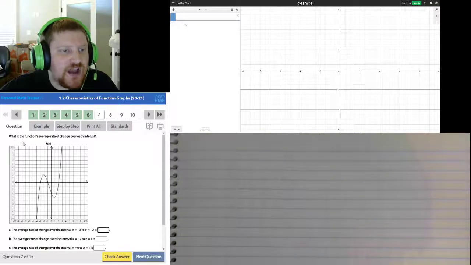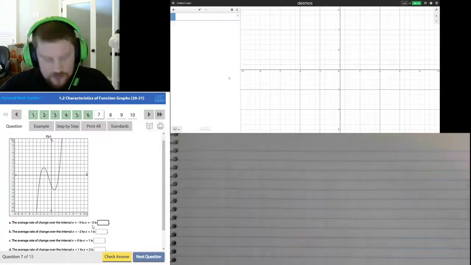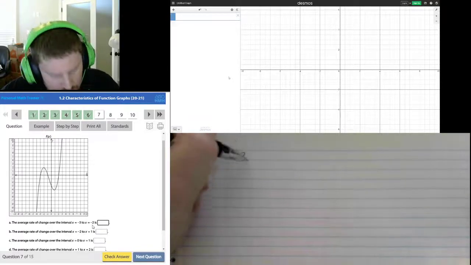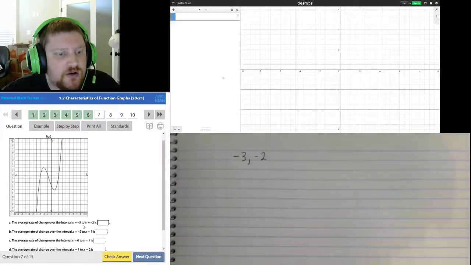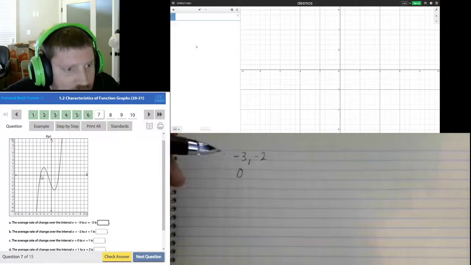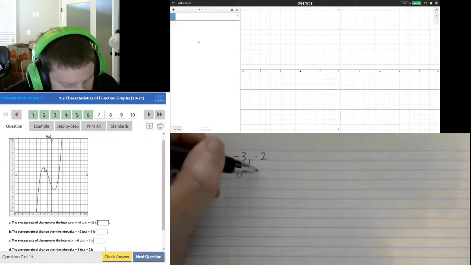What is the function's average rate of change over each interval? Okay, average rate of change over the interval -3 to -2. At -3 we are at 0, and at -2 we are at 2.